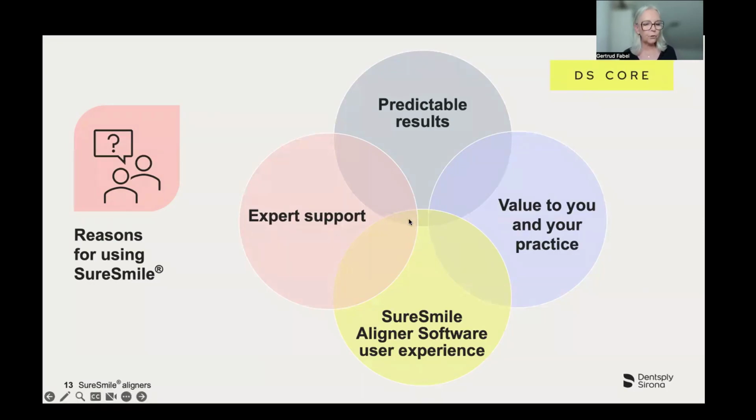Well, we have SureSmile aligner treatment, we have SureSmile aligner treatment planning software, and it is integrated with virtually all Dentsply Sirona scanners, as well as other commonly used scanners. Now, as a part of clear aligner treatment, SureSmile VPro is a high-frequency vibration device.